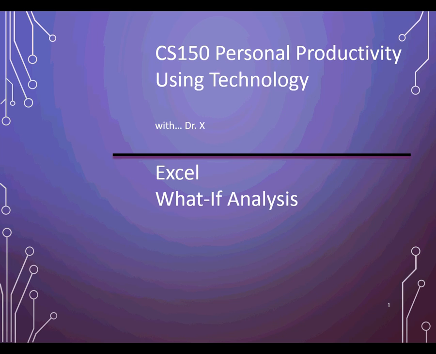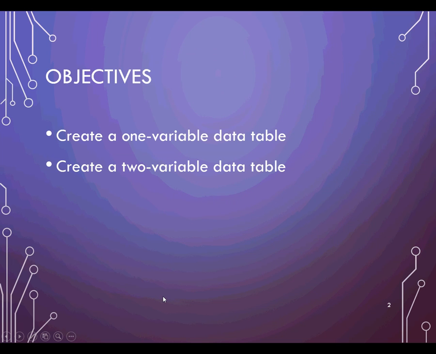to project, find different things depending on your goals, and what we've reviewed so far from the what-if analysis is data tables. So we created a 1 and 2 variable data table based on a set of steps.